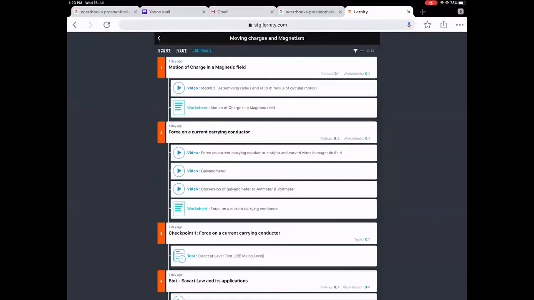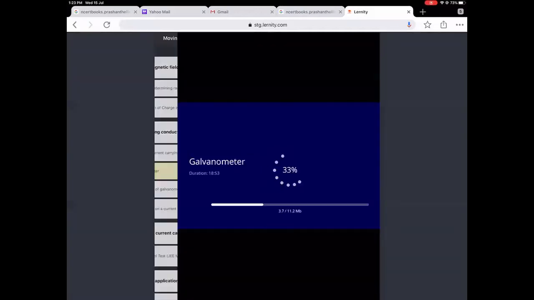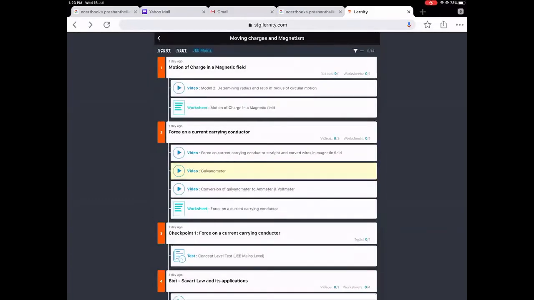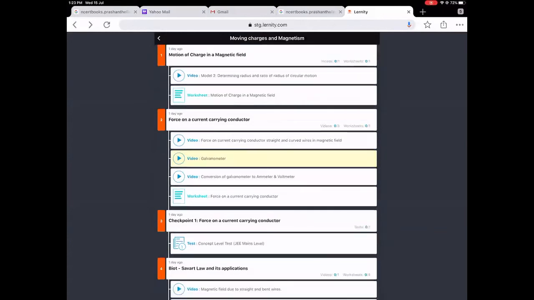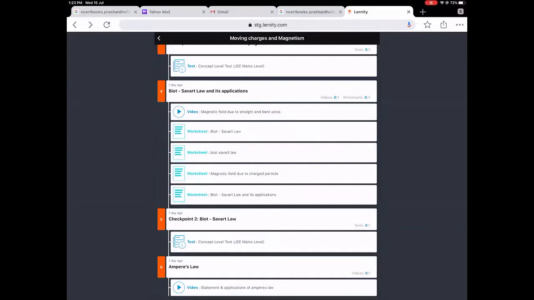Galvanometer, conversion of galvanometer to voltmeter and ammeter is also there. Then that worksheet that I gave you, I put a video for that also.